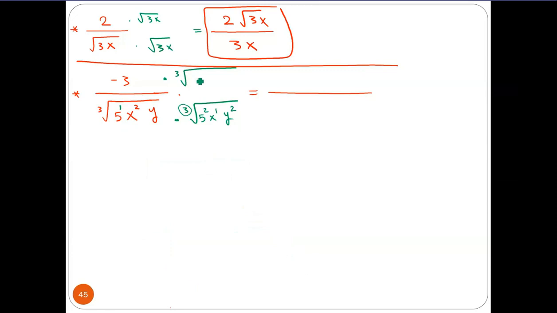إذا multiply denominator and numerators with this coefficient. لما نيجي نضربهم شو بصير عندي؟ بصير عندي to the power 3، ضربنا ال 5 مع ال 5 أصبحت 5 to the power 3، وال x مع ال x، x to the power 3، وال y مع ال y، y to the power 3، كله to the power 3 بروح مع ال 3 هذا. إذا شو بيطلع النتيجة؟ 5xy.